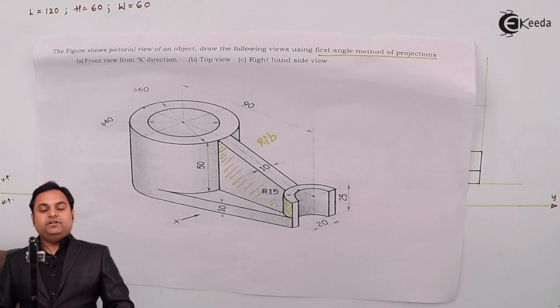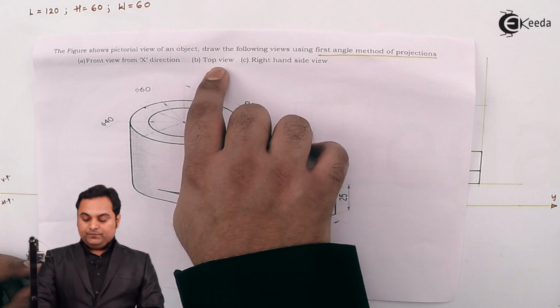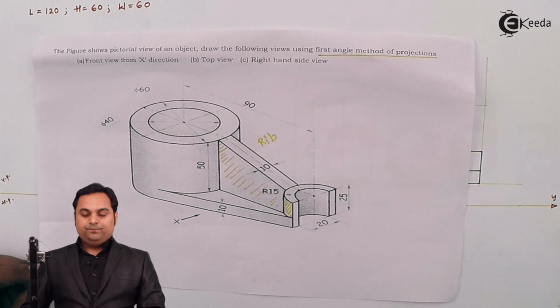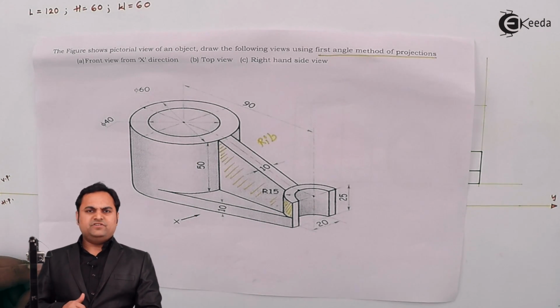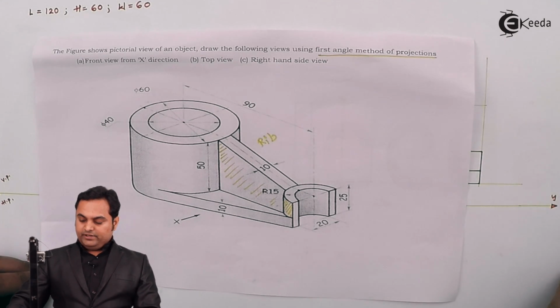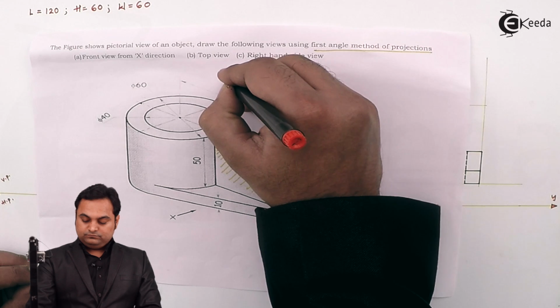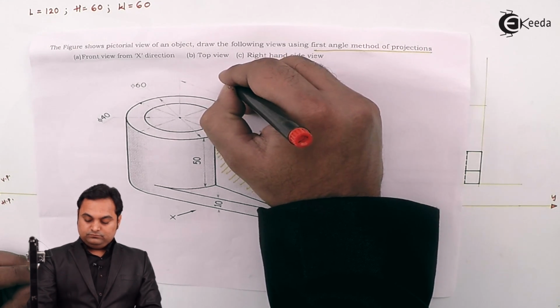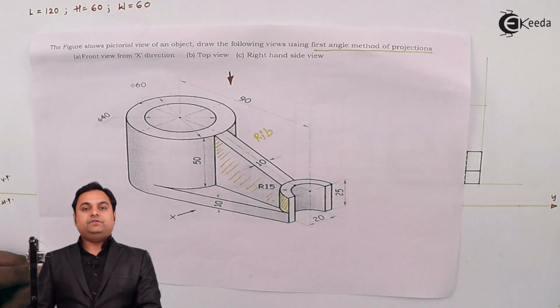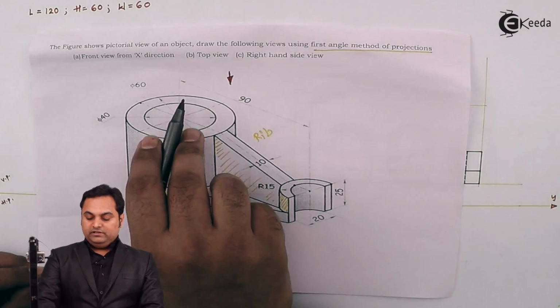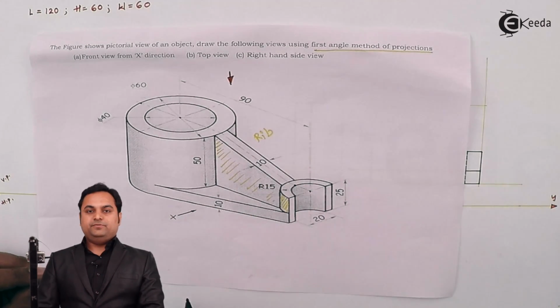Then after completing the front view we have to draw the top view, and in the case of top view the height won't be visible. That is, if we are looking at an object from the top, then the height of the object will not be visible, only length and width will be visible.